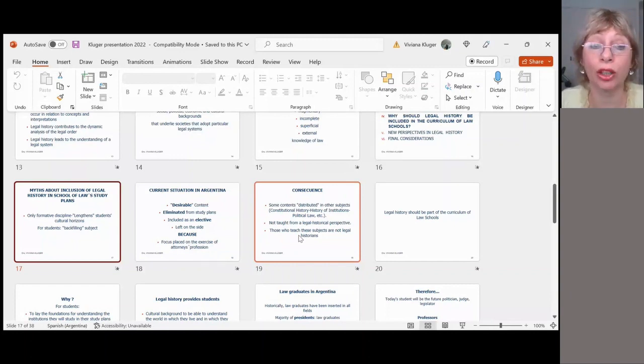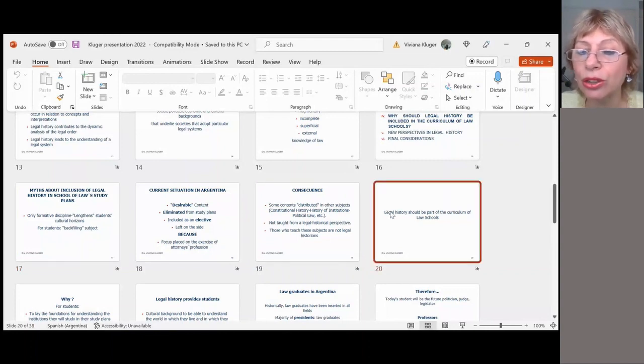And what is the consequence of this situation? That some contents of legal history have been distributed in other subjects, such as, for example, constitutional history, history of institutions, political law, and so on. Legal history has not been taught from legal history perspectives because those who teach legal history are not legal historians.